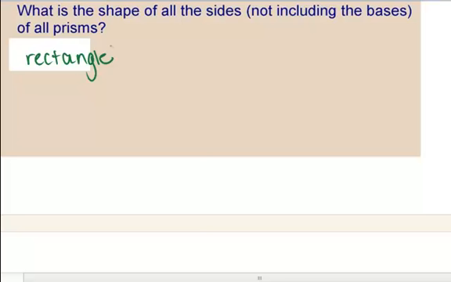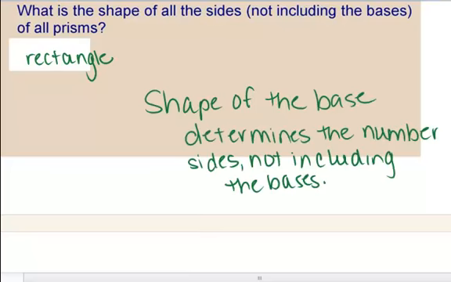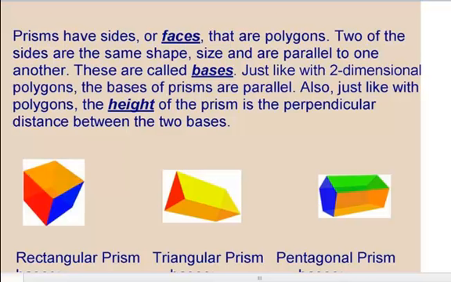The number of rectangles is determined by the shape of the base, or the polygon that is the base. So the shape of the base determines the number of sides, not including the bases. So just to reiterate, for example, with a triangular prism, we're going to have 3 sides that are rectangles, and that's 3 sides not including the bases. With the bases, we have 5 sides.